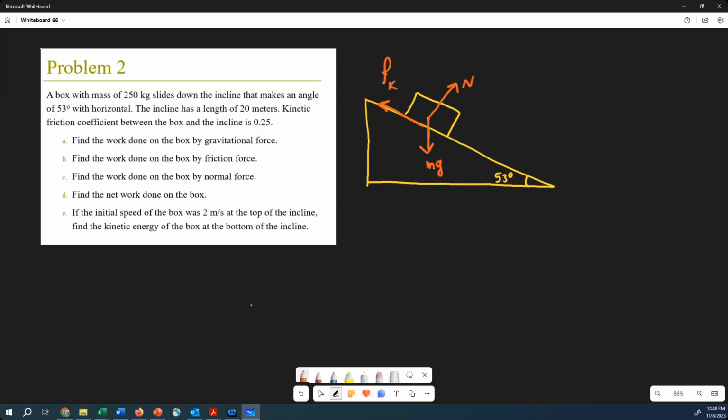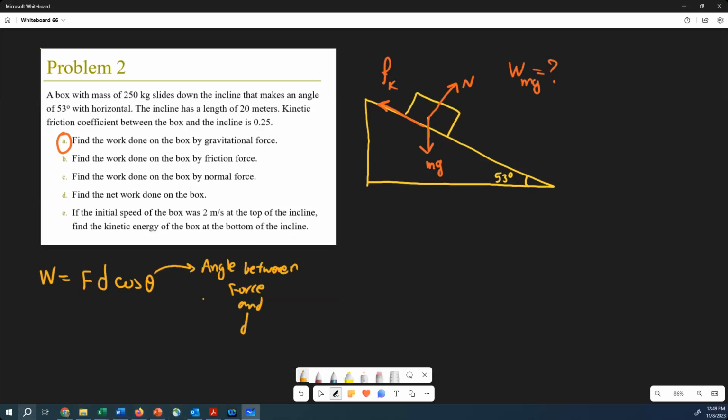Part A is asking us to calculate the work done by the gravitational force, so it's asking to calculate the W of mg. We need to know the work formula. Work is force times displacement times cosine theta. What is this theta? The angle between the force and d.